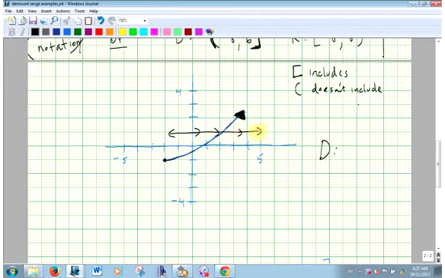How far does it go this way? Does it go that far? Does it go farther? Does it keep going? How far? Yeah, that far. Every x value you could possibly think of down to and including that point.